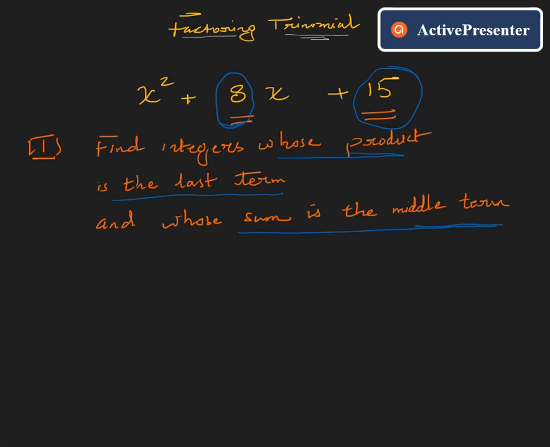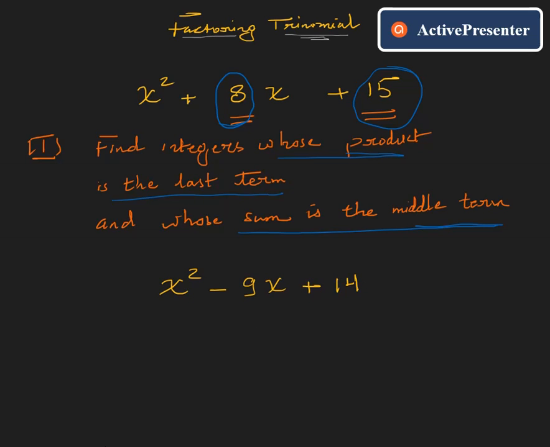Let's now take another example. If we have x squared minus 9x plus 14, what do we do to factor this? We find integers whose product is the last term, which is 14, and whose sum is the middle term.